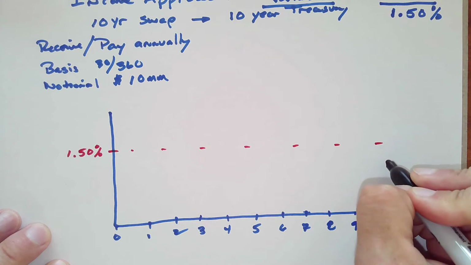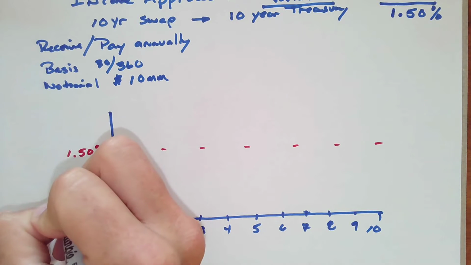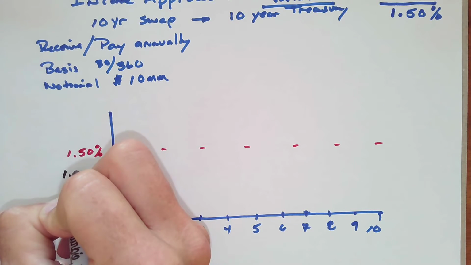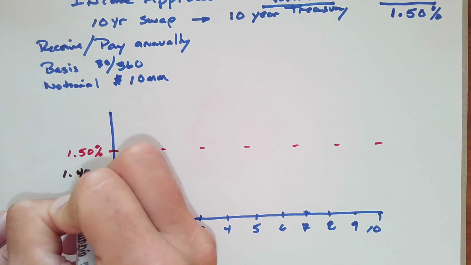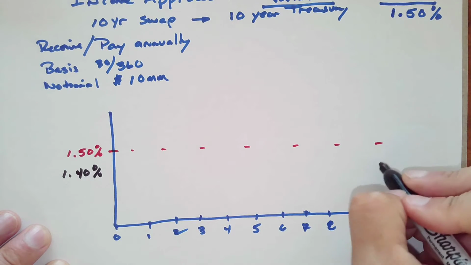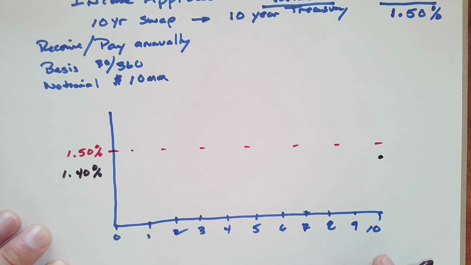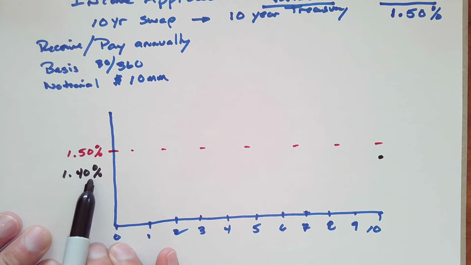And so what we do is we take a look at the floating rate. Let's say the floating rate right now, and we're just making some stuff up, is sitting at 1.40%. That's high for today's market, but we're just going to use this as an illustration. So it's sitting here. Okay? So right now, this is the forward yield.